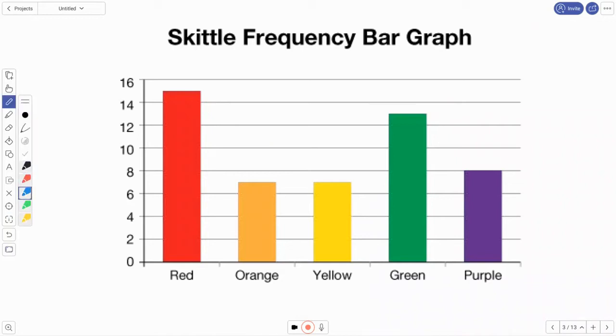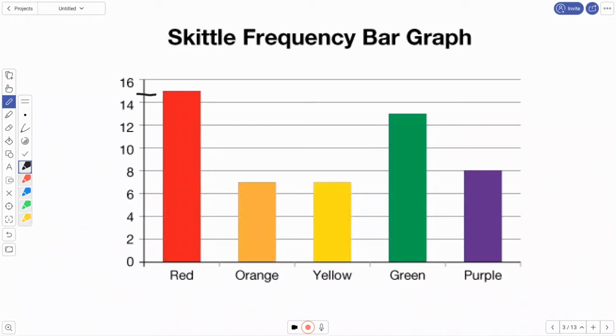So let's simply count up each one. Let's see how many of each Skittle color we got in our bag. Starting with red, I see that bar extends all the way up to about right there. That tells me how many red Skittles there are. So I see that bar goes halfway in between 14 and 16.